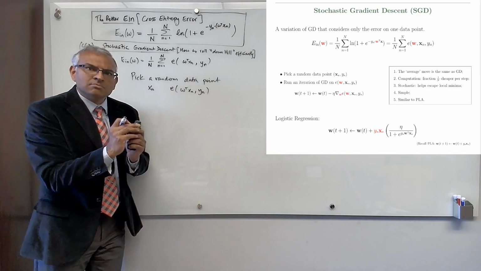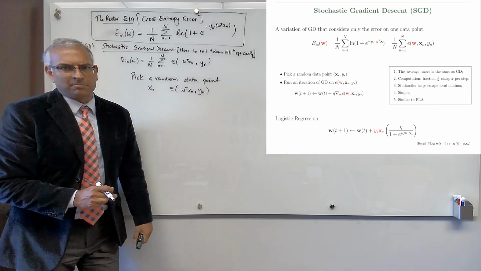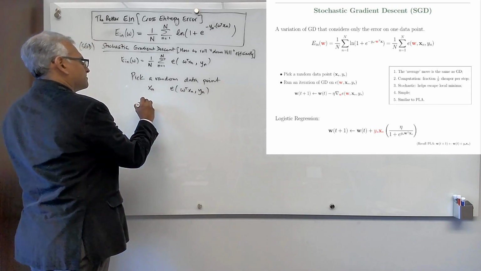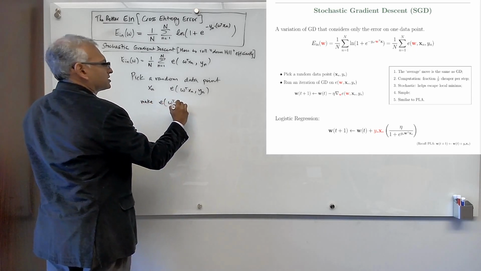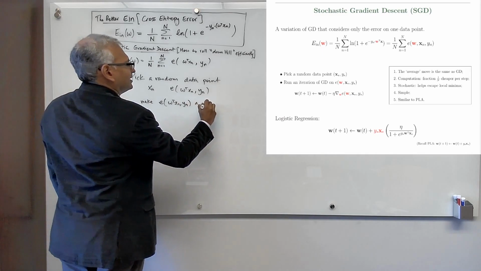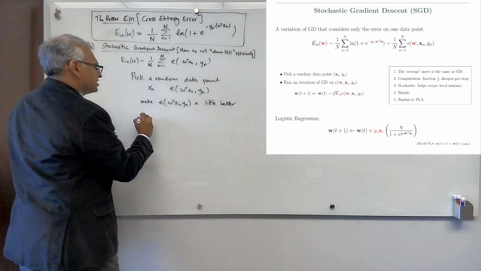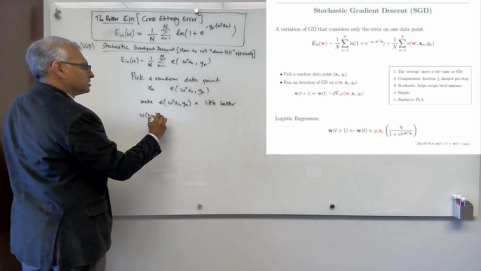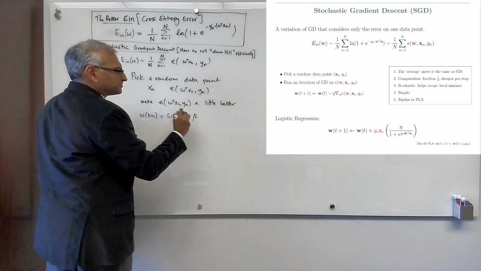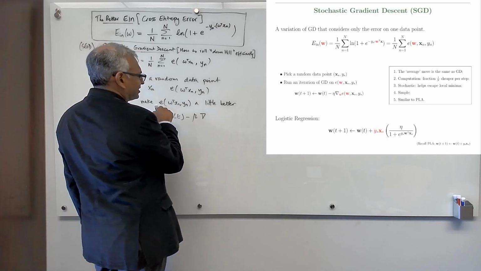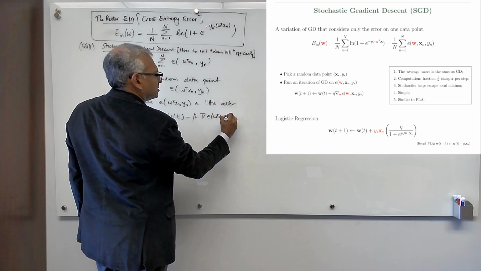In other words, make your move in your weights so that you at least make this data point a little better. So W of t plus 1 is going to equal W of t minus your learning rate times the gradient of the little e, not the big E in, e of W transpose xn and yn.